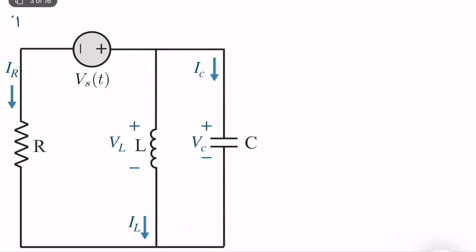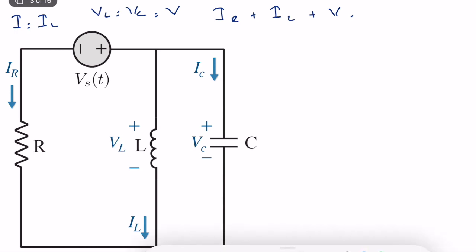I is equal to IL, and it's obvious that VL is equal to VC, and let's call it V, which is the voltage of the inductor and capacitor. So if we write KCL, we can see that IR plus IL plus IC is equal to 0.